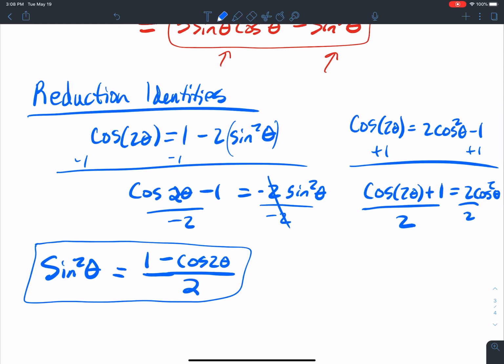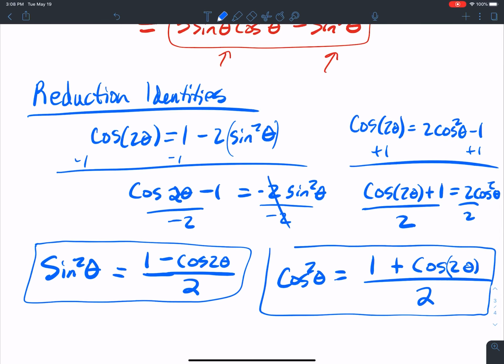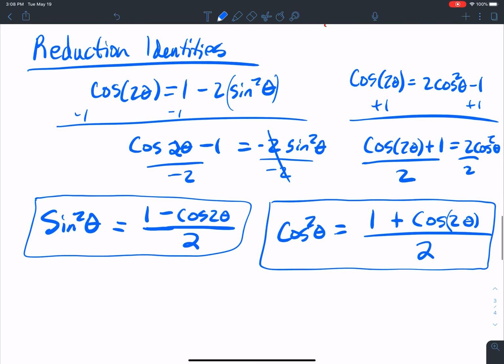Divide by 2 on both sides, and so you have cosine squared theta equals 1 plus cosine 2 theta over 2. And so this is the other reduction identity. Those two are the most used.